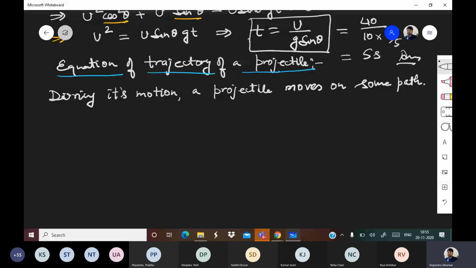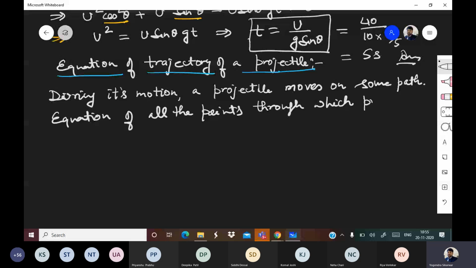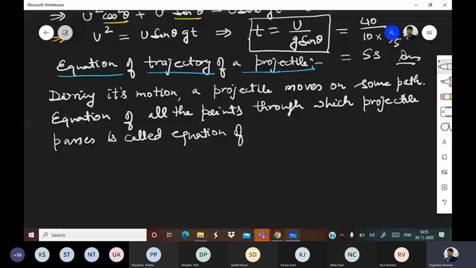Now, the equation of all such points through which the projectile passes is called the equation of trajectory of a projectile.